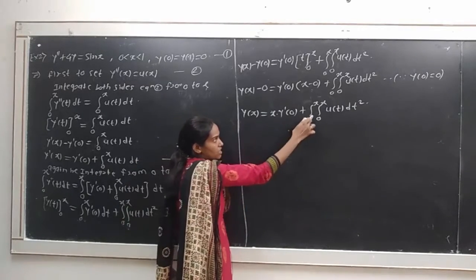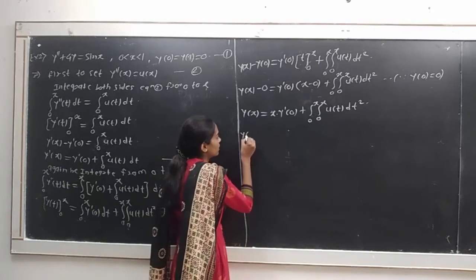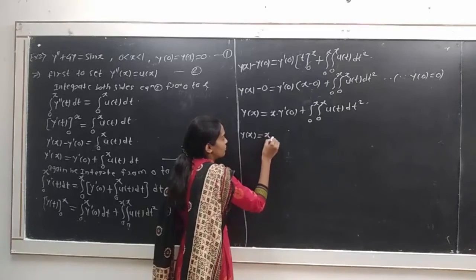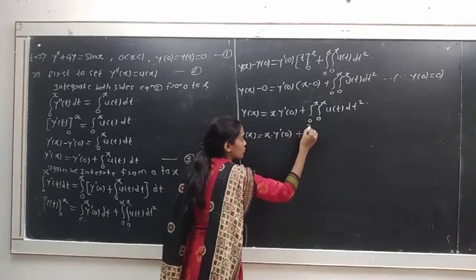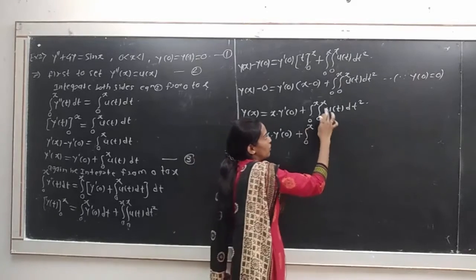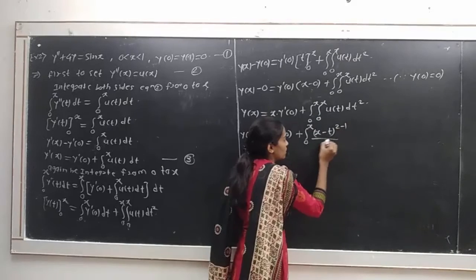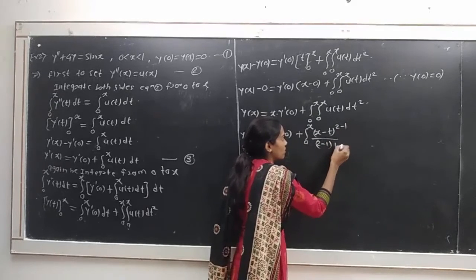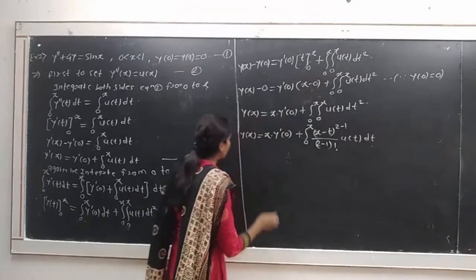Okay, then we convert this double integral to a single integral by using the conversion formula. We get y of x is equal to x into y dash of 0 plus integral from 0 to x. For n is equal to 2, we get x minus t raised to 2 minus 1, divided by 2 minus 1 factorial, into u of t dt.